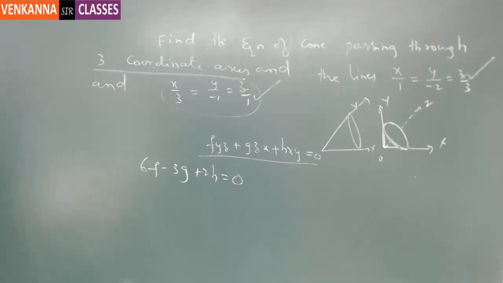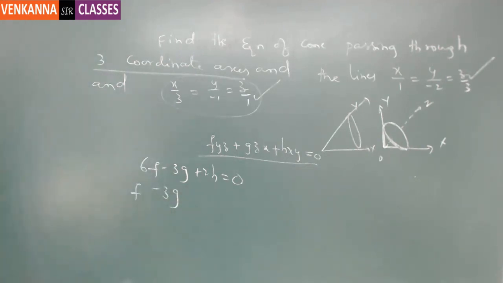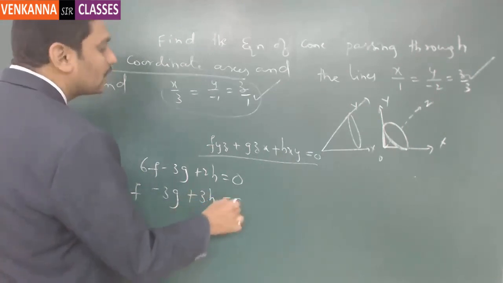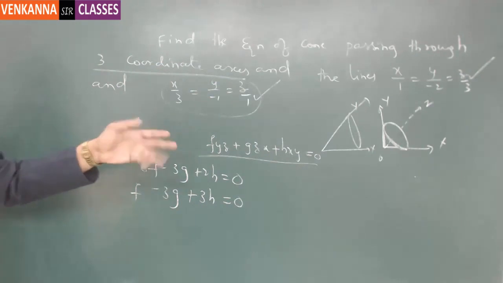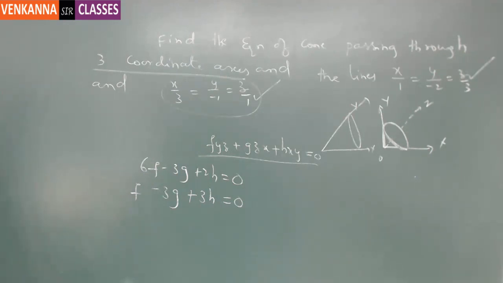And the other one you are going to get as f minus 3g plus 3h equal to 0. By substituting 1, minus 2, 3 and 3, minus 1, 1 here, please check whether you are getting these equations or not. Everyone please check on your side.